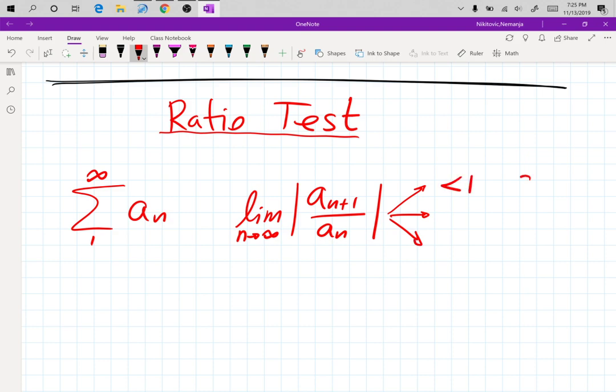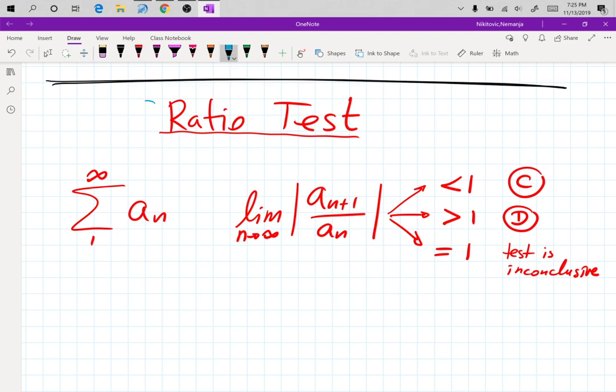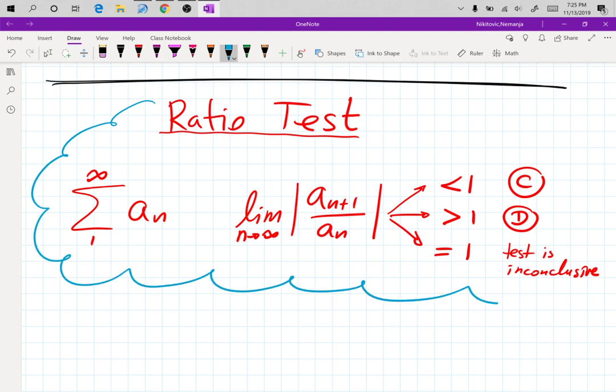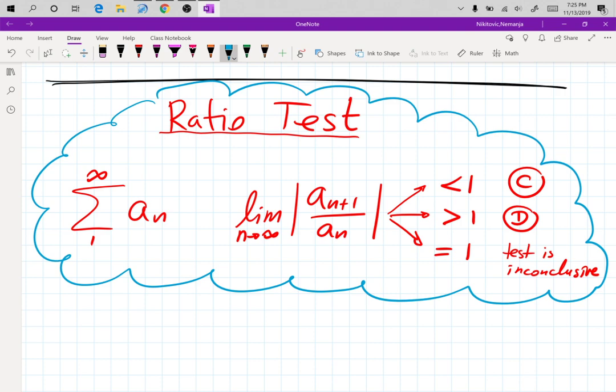Less than 1, converge. More than 1, diverge. Equal to 1, test is inconclusive. So you have to use something else. And this is it. You're done. So put this on a cloud. It's on your sheet already. And this is your ratio test that you get to use also in chapter 11.